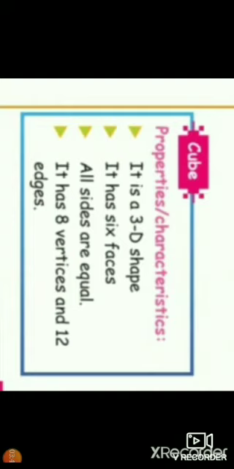It is a solid shape. Only the bottom surface touches the floor, and the remaining parts are in empty space. It has six faces, and all sides are equal like a square. It has 8 vertices and 12 edges.